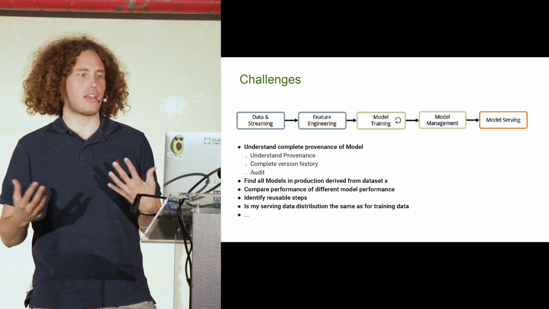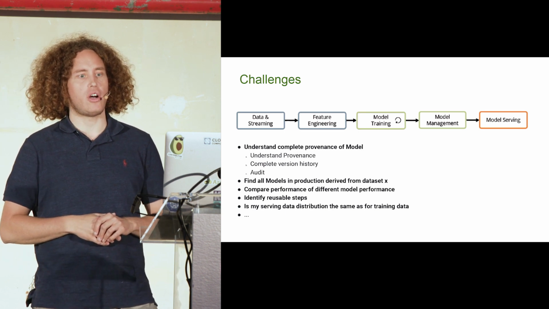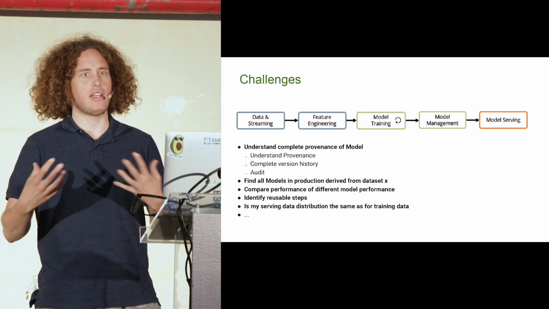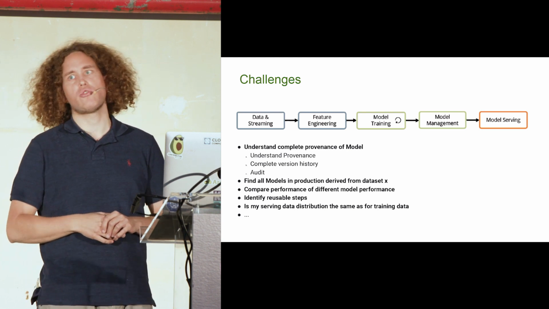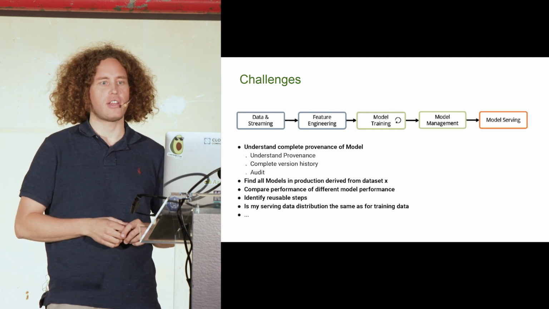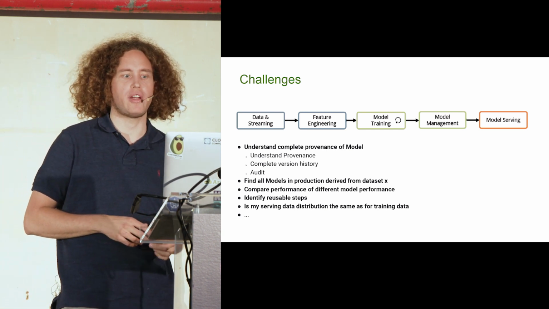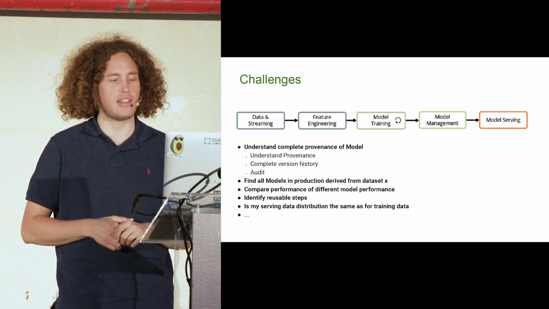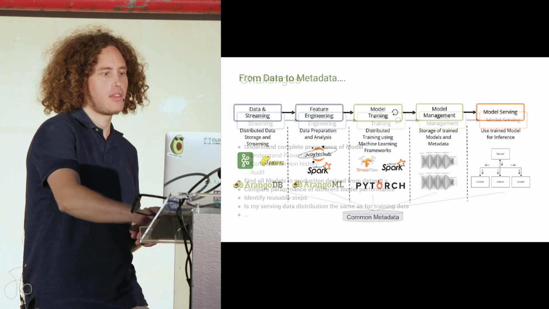And so by keeping track of the metadata by which a model had been trained, we could also ensure that the live traffic we were seeing had the same data distribution, because if that shifts, it probably means that your model isn't really applicable. It hasn't been trained for that particular data distribution. So that was actually an alert we were setting.